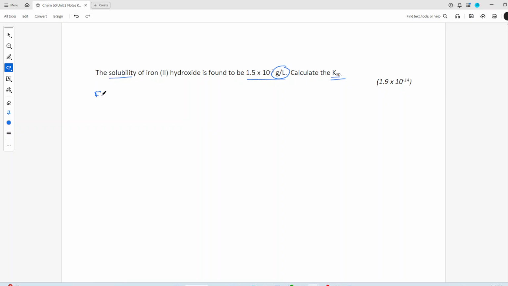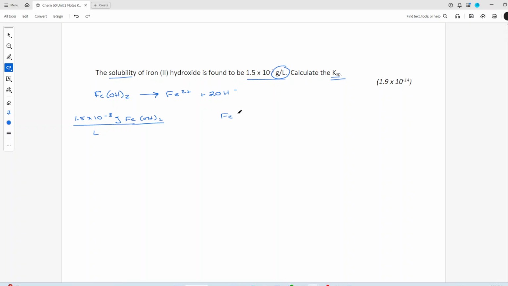So iron 2 hydroxide would go down to iron 2 plus and 2 hydroxides. The first thing we have to do is find the molar solubility of iron 2 hydroxide. So we've got 1.5 times 10 to the negative 3 grams per liter of the iron hydroxide.